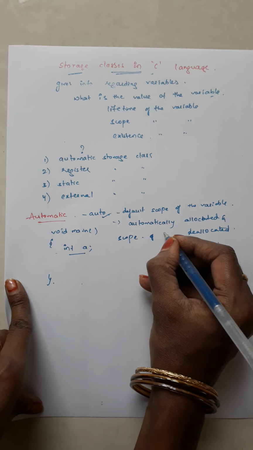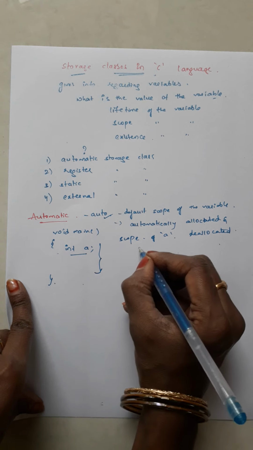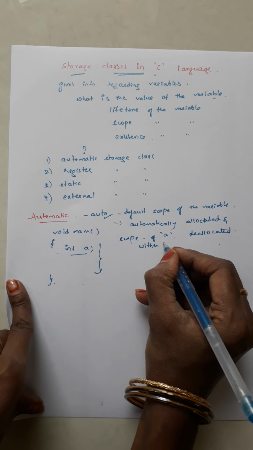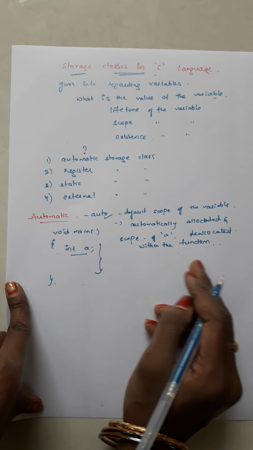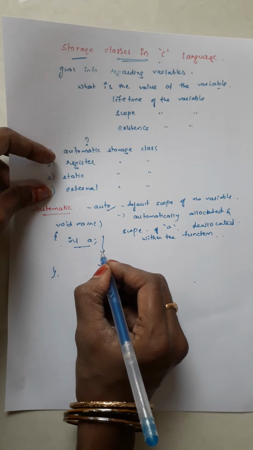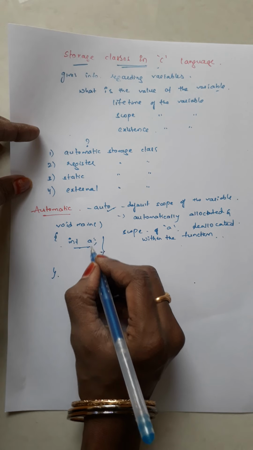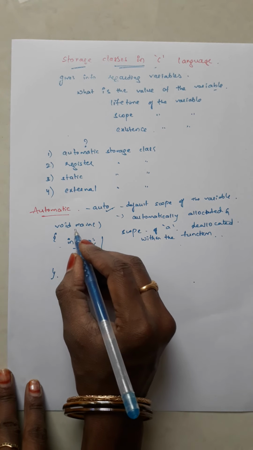What is the scope of a? Here the scope of a is within the function. Within the function itself where we declare this variable, only there we can use this a. Okay, so where did we declare it? In the main function.